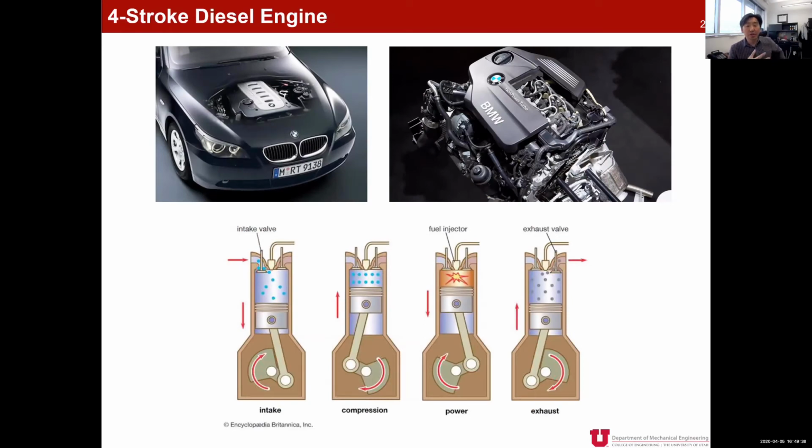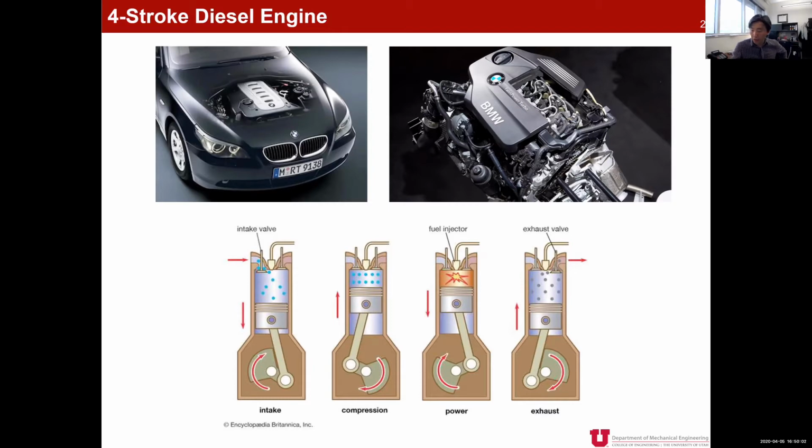Then let's try to see the four-stroke diesel engine. Even though in the United States we mostly use the spark ignition engine or gasoline engine for passenger cars or small cars, in many European countries and Asian countries, they use diesel engines quite a lot as well.